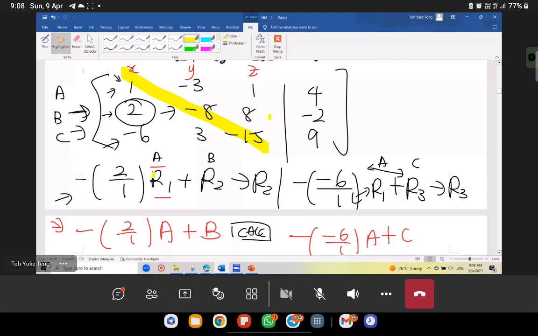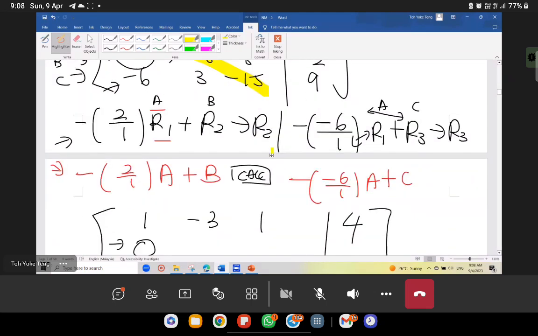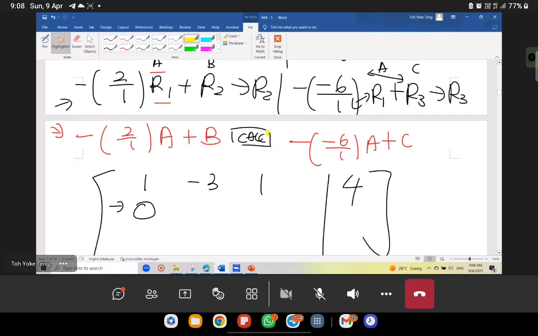So for row 2, you do all the operations here. Moving to the second column, A is negative 3, B is negative 8, and you press the equal sign. You get negative 2 here.